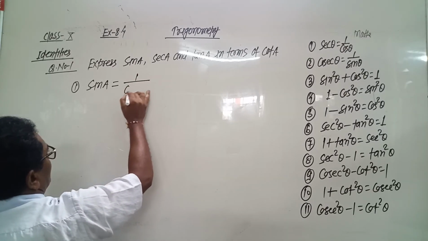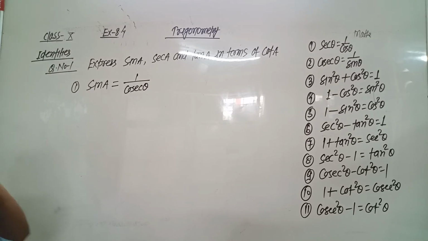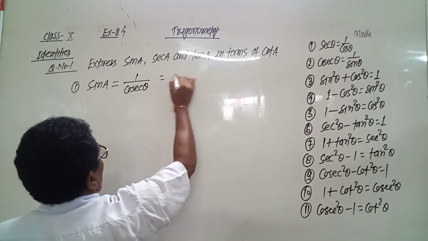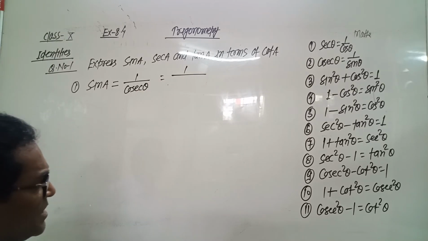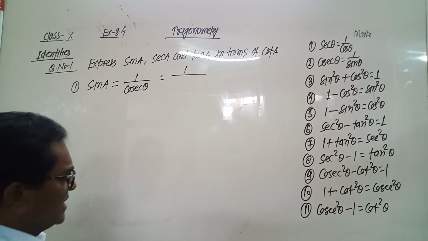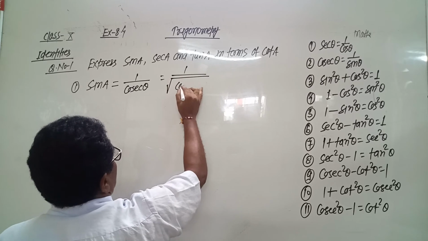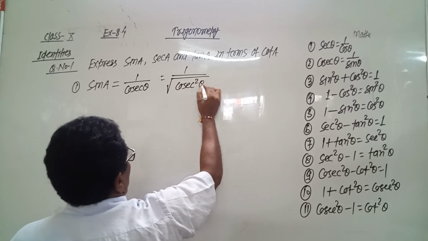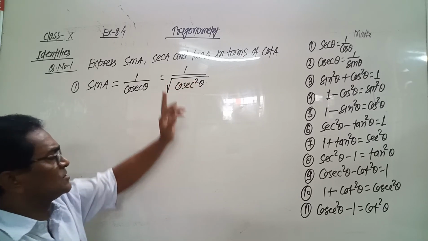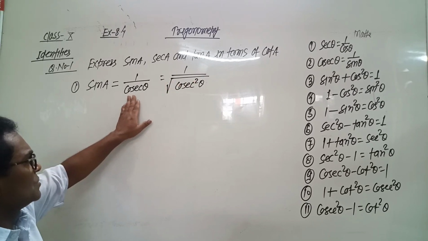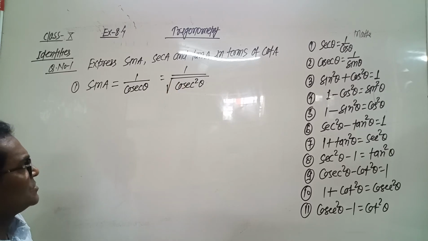And this cosec theta is written as under root of cosec square theta, because the square and the square root get cancelled. So cosec theta can be written as root over cosec square theta.